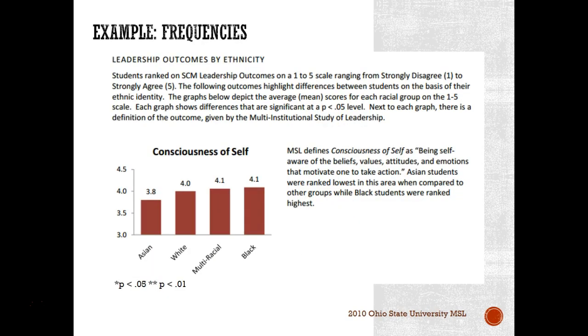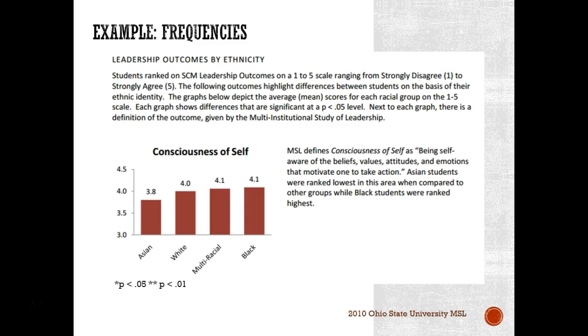One more example now to share on frequencies. This is looking at a different source of data, also found at Ohio State University. I used to work there, so that's why I'm bringing up a lot of these examples, and these are all available on their website. This is from the Multi-Institutional Study of Leadership, or the MSL, as designated in the lower right-hand corner. And this is looking at a construct called consciousness of self.